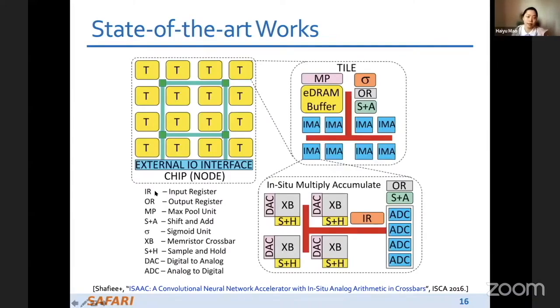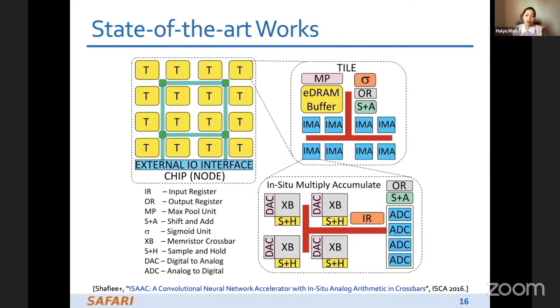Here is the overall design for neural network acceleration. We have the crossbars, which can do the vector multiply matrix operation, and we have other units such as the sigmoid operation and max pooling operation to support the other operations inside neural network applications.